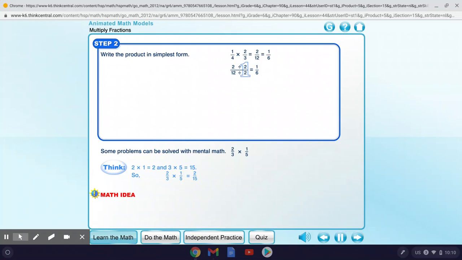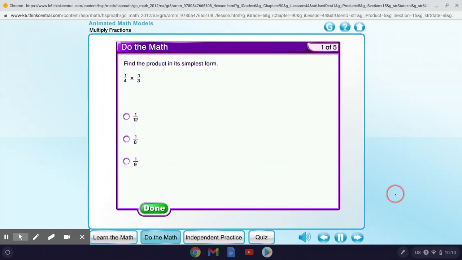Math idea. To multiply a fraction by a fraction, multiply the numerators, and then multiply the denominators. Write the product in simplest form. Find the product in its simplest form.